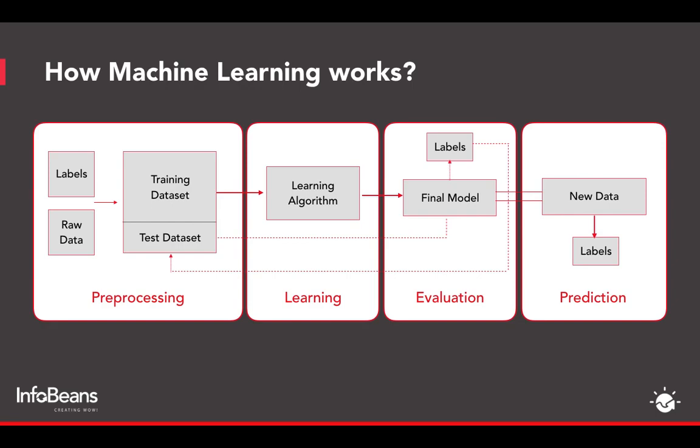In the learning phase, we train the kid using that input data, and in the evaluation phase, we provide some pictures of fruit to check whether he or she is identifying the pictures correctly or not. Once the evaluation is done, we call it a well-trained kid, who is ready to predict the fruits based on training data. This is how machine learning works.